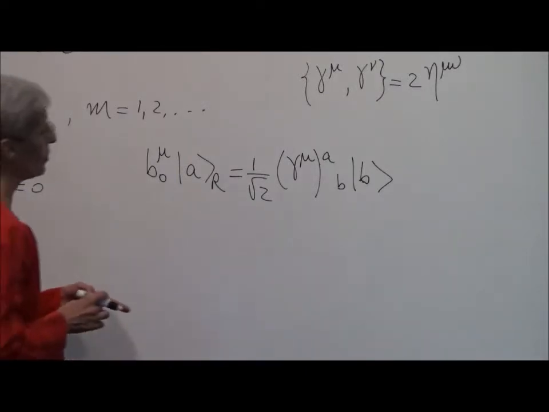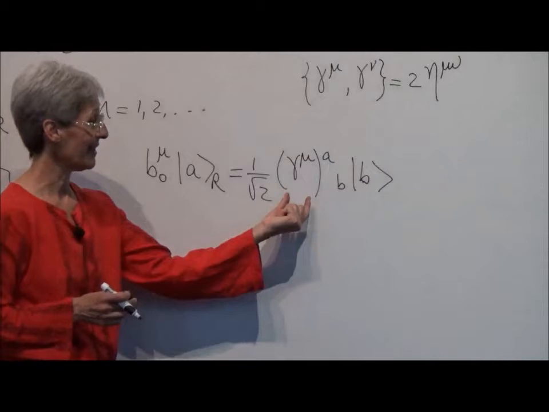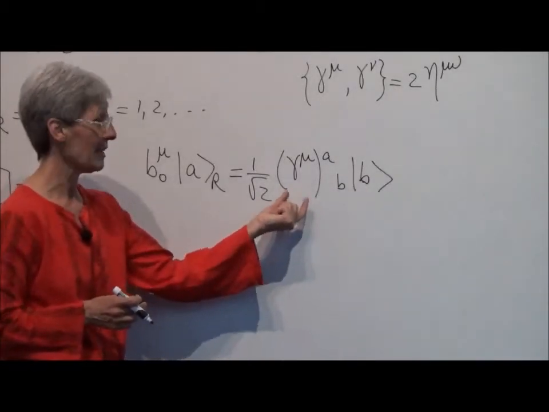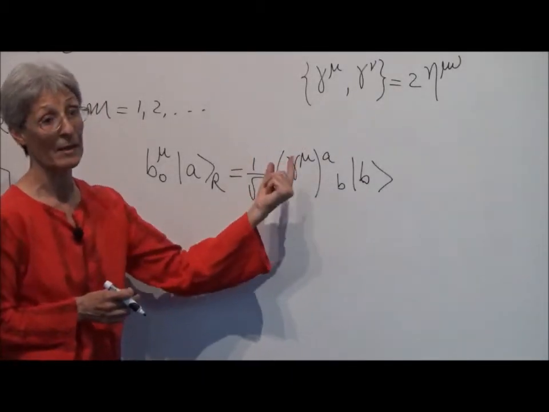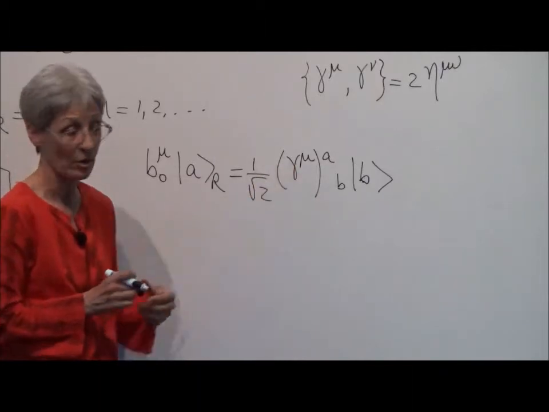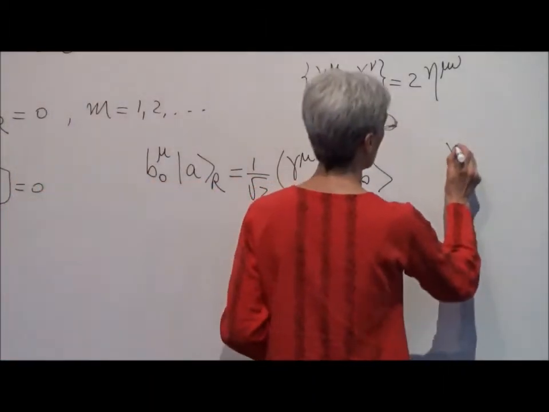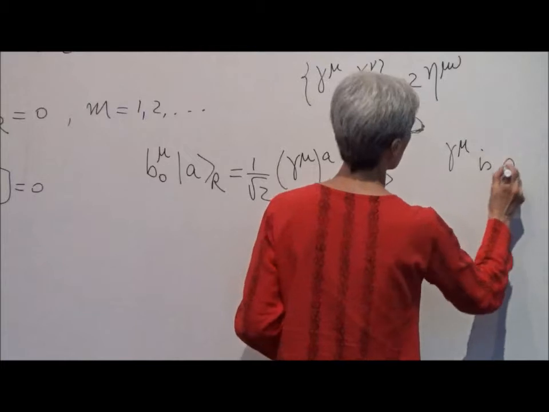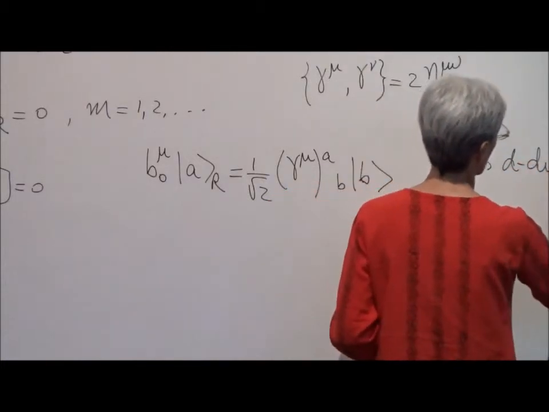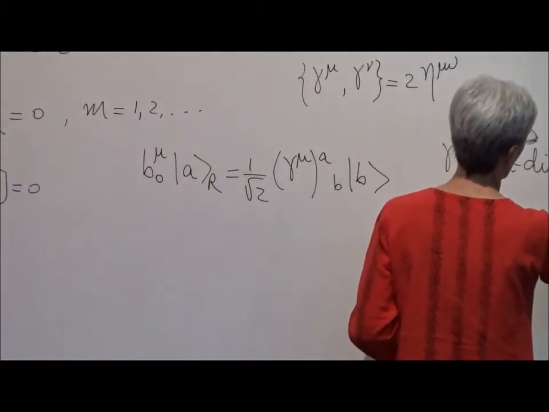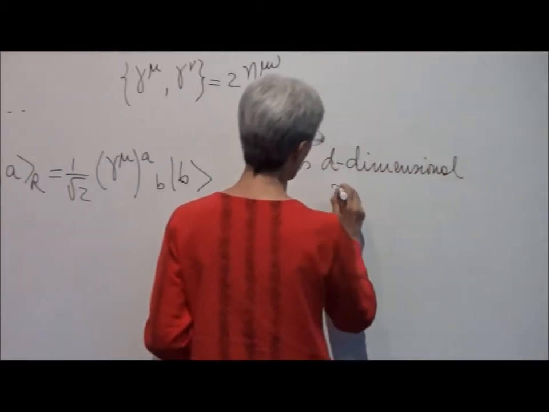Notice this is a Dirac gamma matrix in space-time, so it is in d dimensions. So gamma mu is a d-dimensional Dirac matrix.